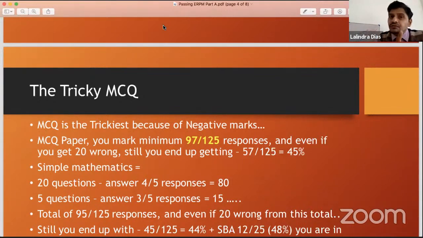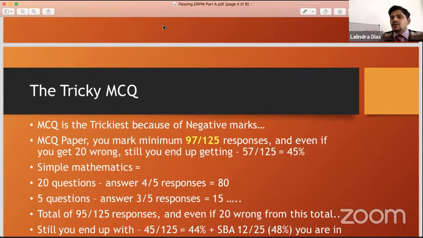Whereas if you knew 3 very well, but the other 2 were half-hearted, you were not 100% sure, you just guessed and marked them and got them wrong. If you had stopped at the 3 you knew very well, without answering all 5, you would have got 3 marks instead of 1. Do you understand what I'm saying?